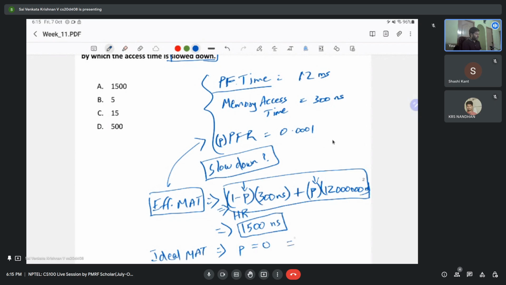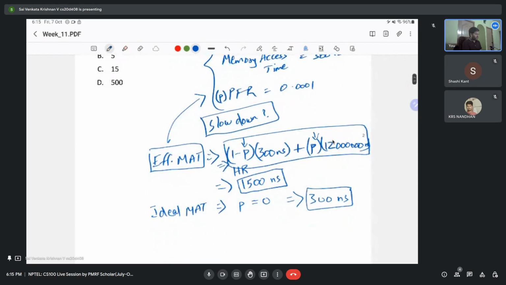Your ideal memory access time. Which is the ideal condition: all your pages are present in memory, there is no page fault, so no page fault service routines, nothing comes in between. You have to just access that virtual address or the physical address and get your data. So this is your ideal time.